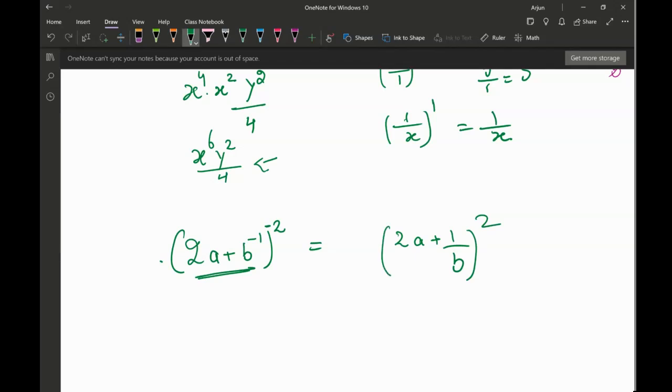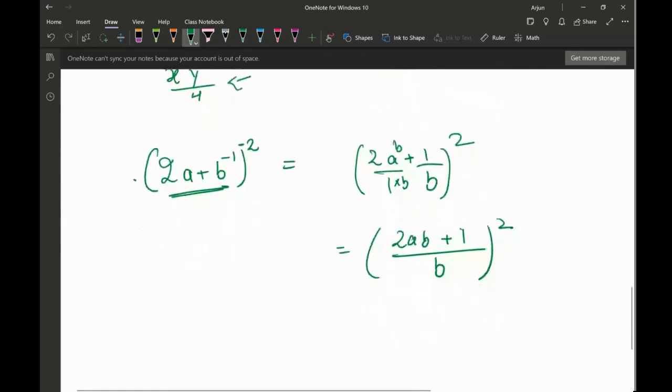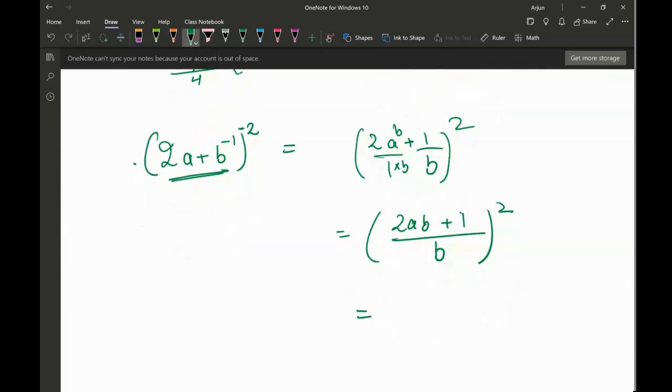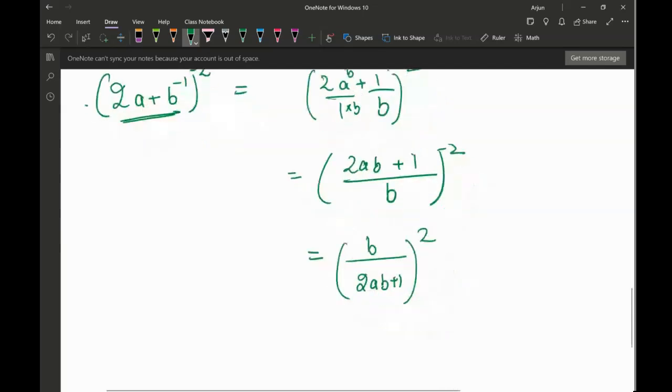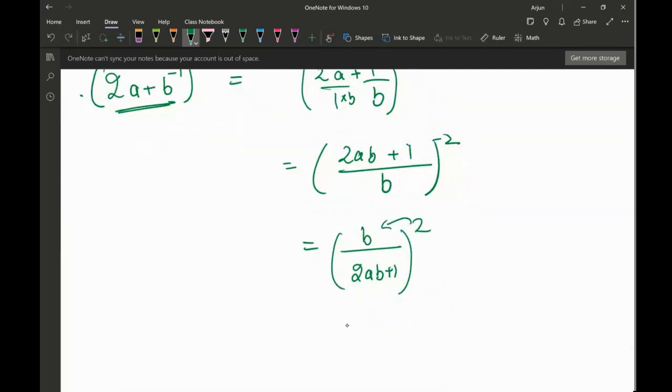Now what I can do is take the common LCM, multiply this by b, multiply the top with the b. So the number is going to become (2ab plus 1) upon b, and square outside. And then what do I need to do with this one? This was a negative, so I can flip the terms. B will go on top, 2ab plus 1 at the bottom, and then square here. Now I can move this square here.